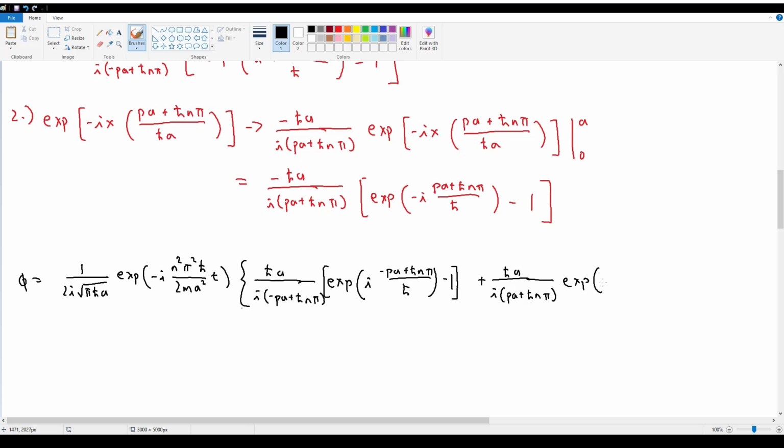exp of negative i pa plus h bar n pi divided by h bar, subtracted by 1, close this bracket off, and then close the full bracket off. Am I correct? I think I am.